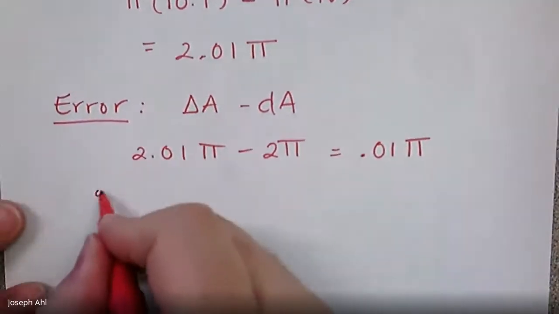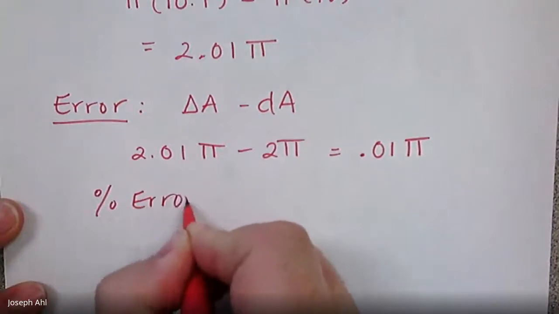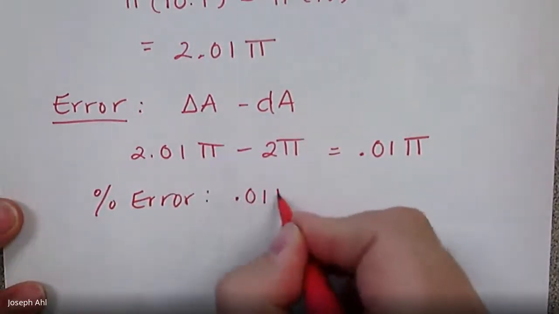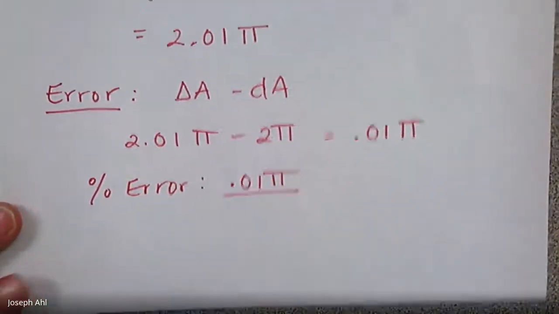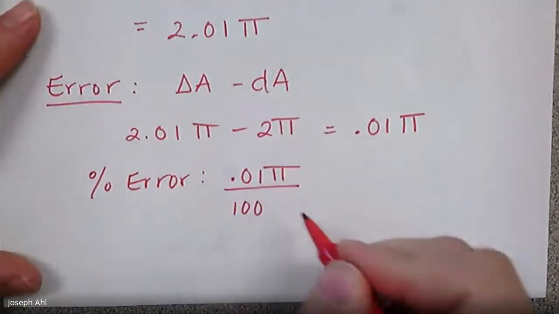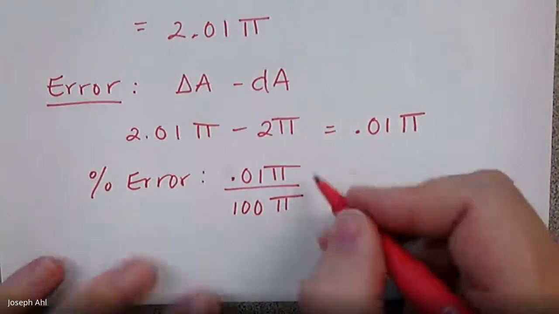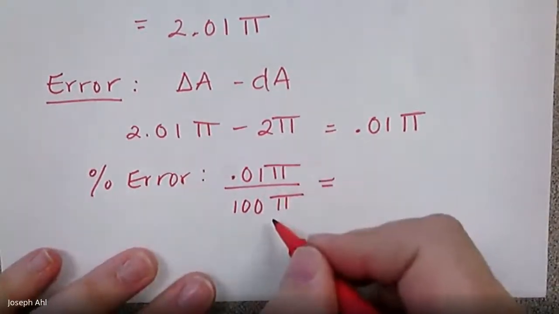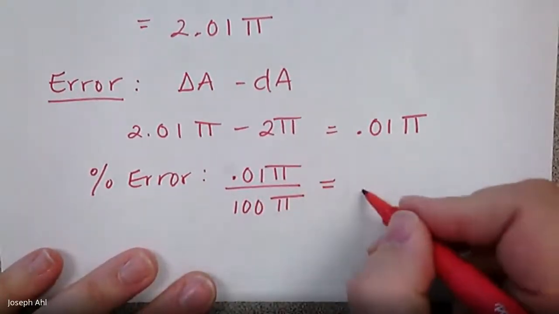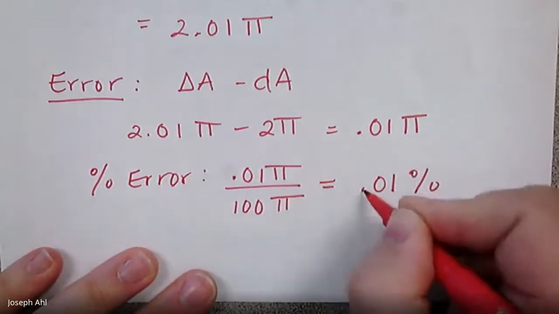If we calculate a really quick percent error, the percent error would be our 0.01 pi over the original area. Original area would be 100 pi. And the pi's would cancel, right? 0.01 divided by 100 is actually now 0.01% error.